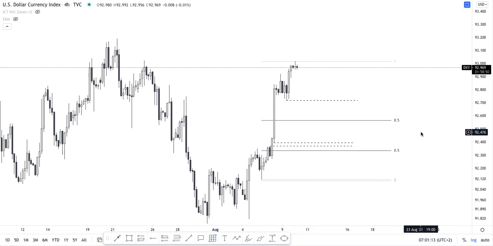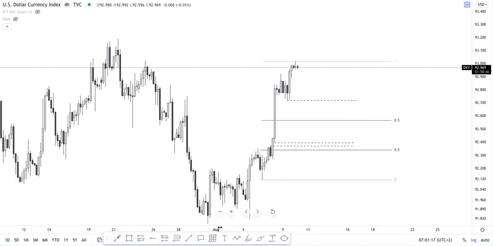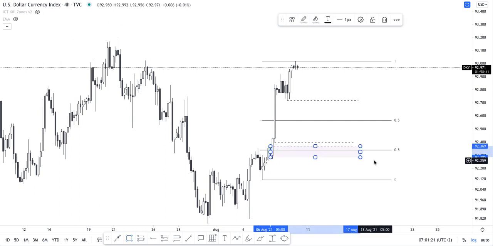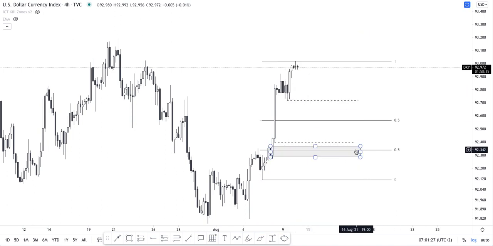In this area, the 50% of this area aligns with this order block here as well, which is then a 4 hour zone.